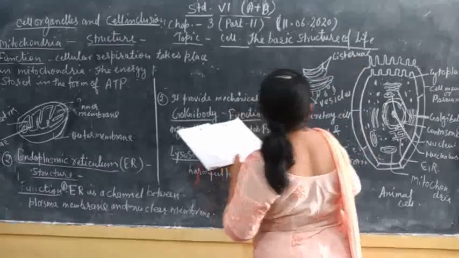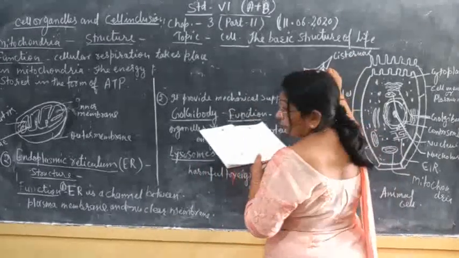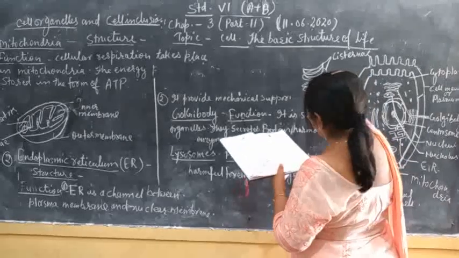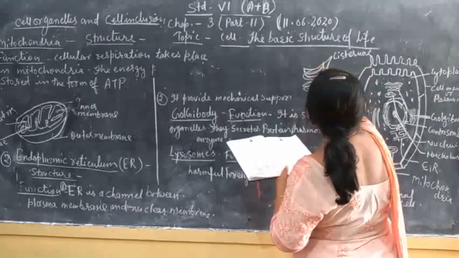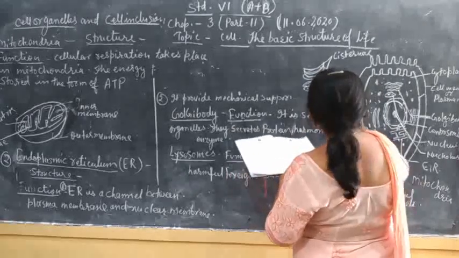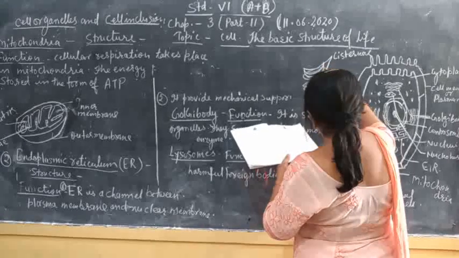Now look at this figure of the Golgi body. It is composed of sac-like structures arranged one over another.